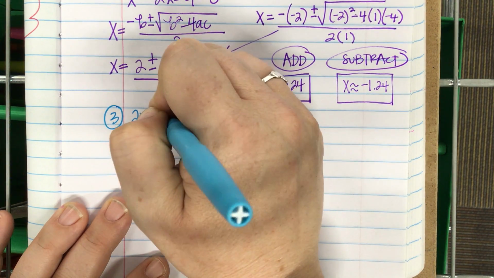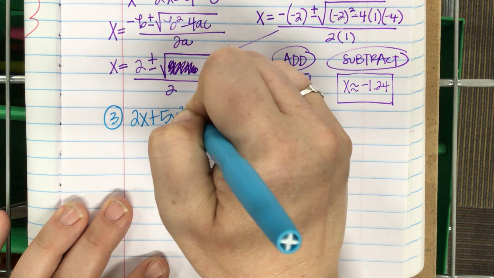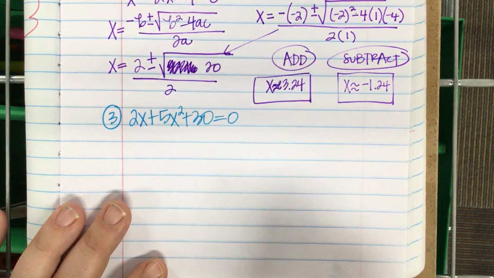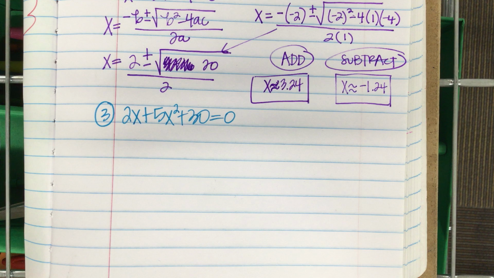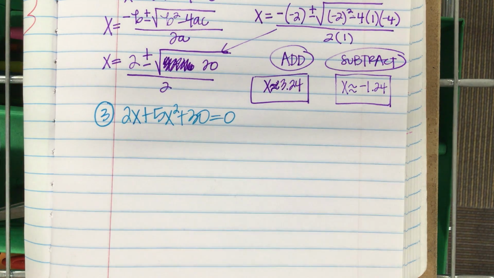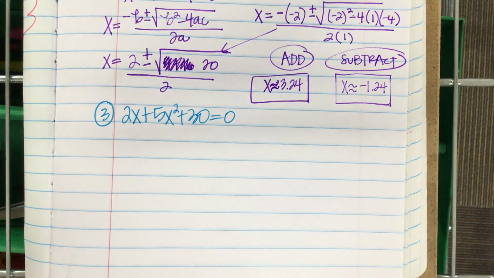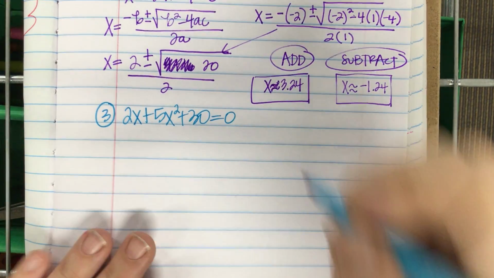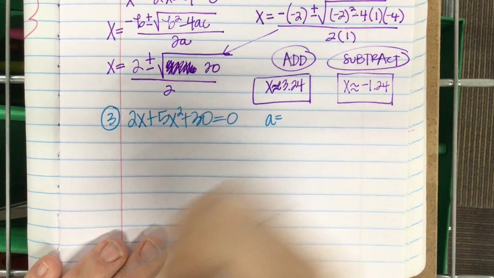2x plus 5x squared plus 30 equals 0. Big numbers. Question number 1, does it equal 0? Yes. Let's over-explain. What's my a value? 5x squared.